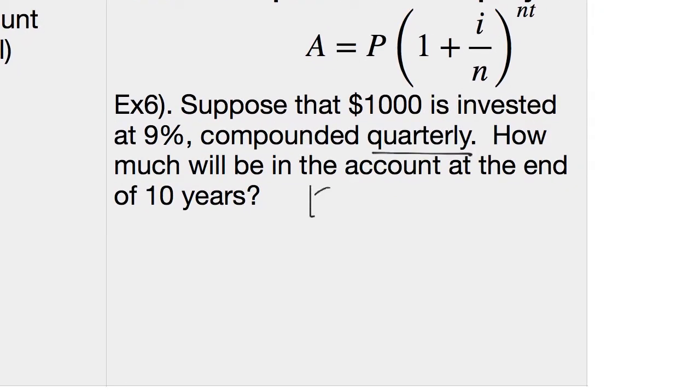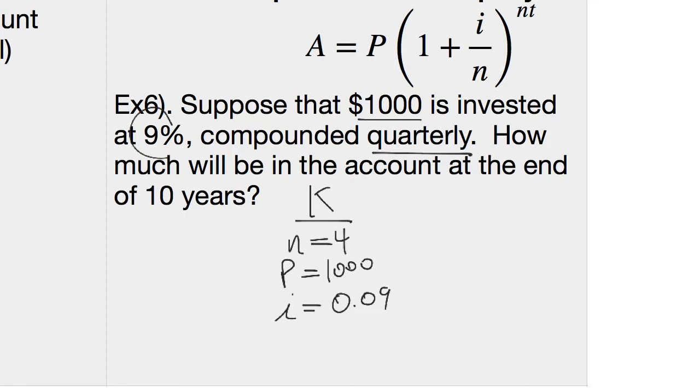The knowns are that n is equal to 4 times a year. The 1,000 is the principal amount. The interest rate is going to be 0.09, that's 9%, and t is going to be 10 years.